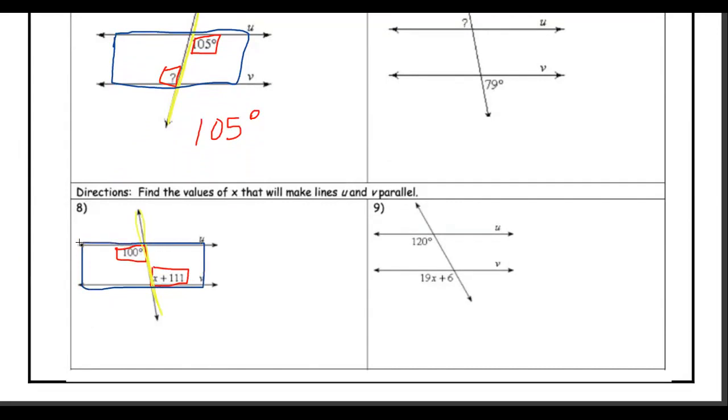Okay, and we see here these two red angles are alternate interior angles. We also know that alternate interior angles have to be congruent when the lines are parallel. So 100 equals x plus 111. And now we are solving this equation for x. We can simply subtract 111 on both sides. And x will equal -11. That's what x needs to be in order for these lines to be parallel.